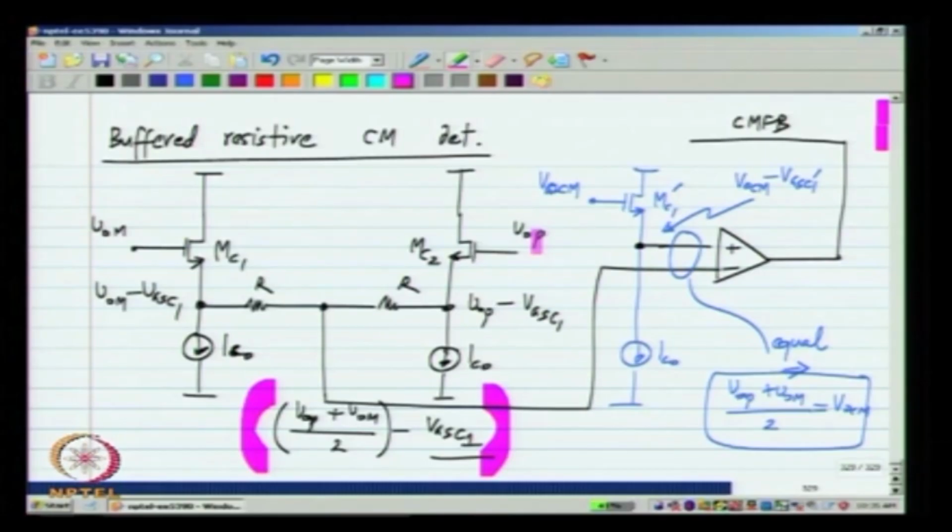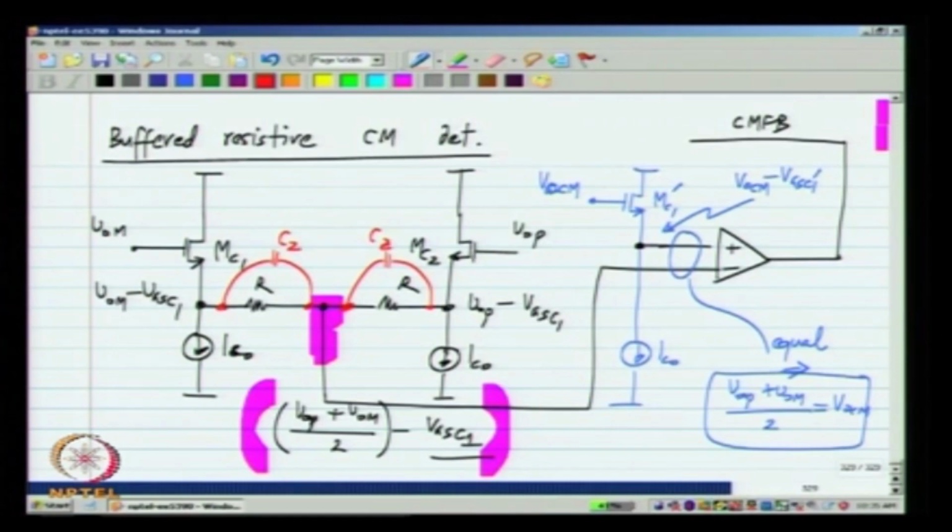Now, as before, if R is very large, then there is a pole in the transfer function between the actual common mode (VOP plus VOM) by 2 and this point where you do the comparison, and you can reduce the effect of that pole by adding zeros using these capacitors.